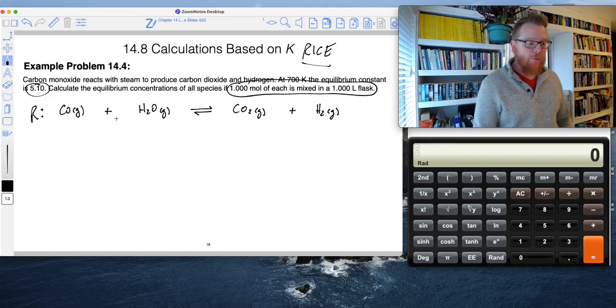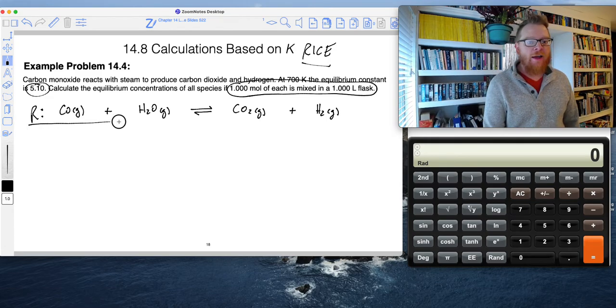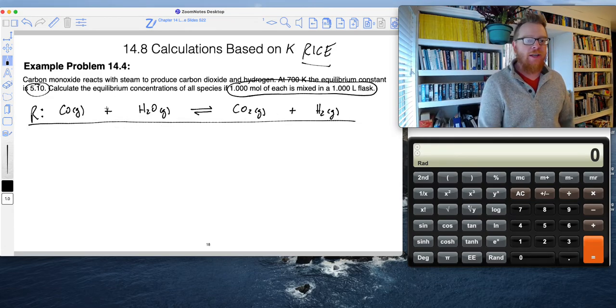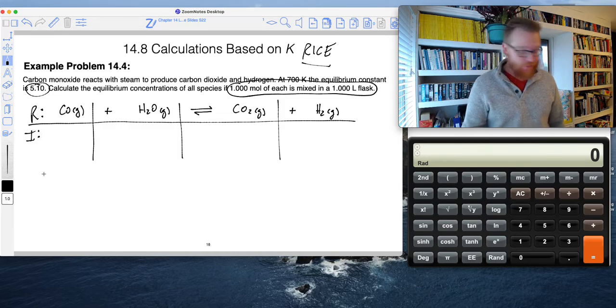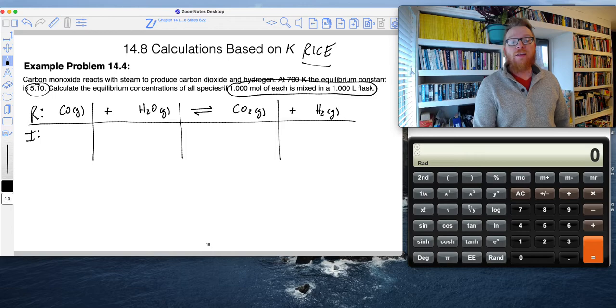I'm going to separate it all out, put a line under the reaction, and get a little grid going here. Okay, perfect. Now I'm ready for the I, which is initial. I need the initial concentrations of everything. It says 1 mole of each is mixed in a 1-liter flask.